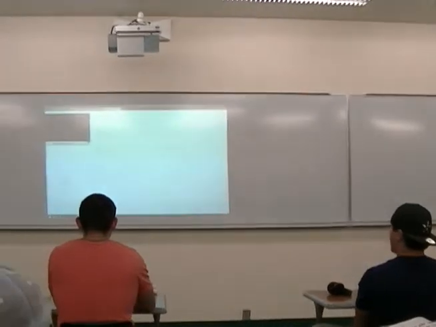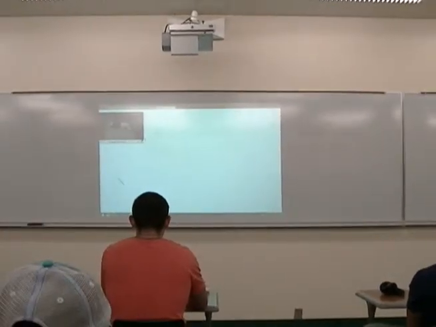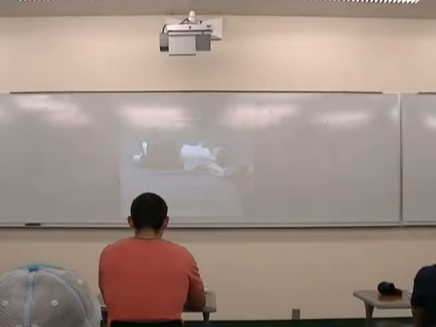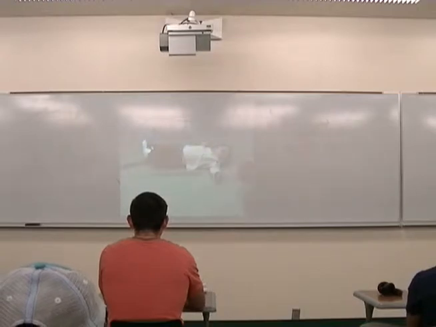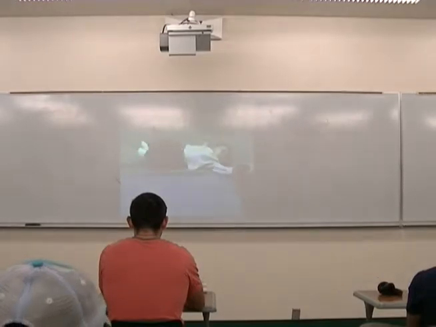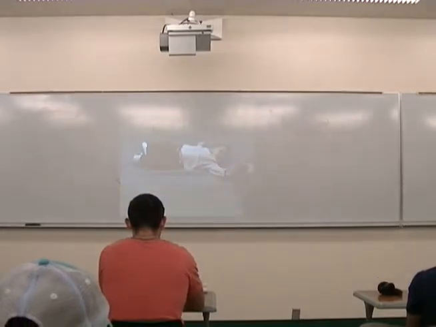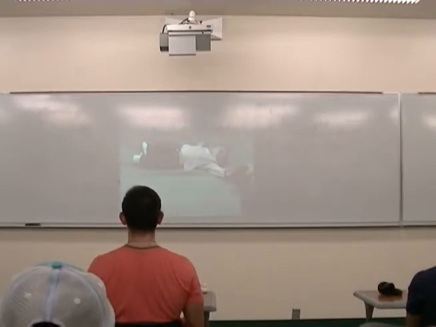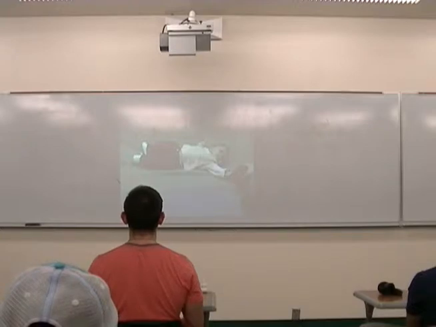And all these film clips are on your textbook website, so you can watch them again. So this kicking that we see here for this baby is totally involuntary. She's not kicking her legs. Her brain is kicking her legs.